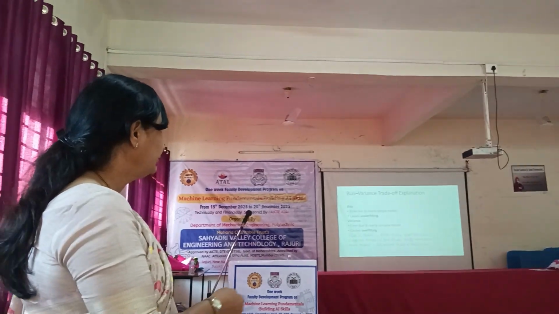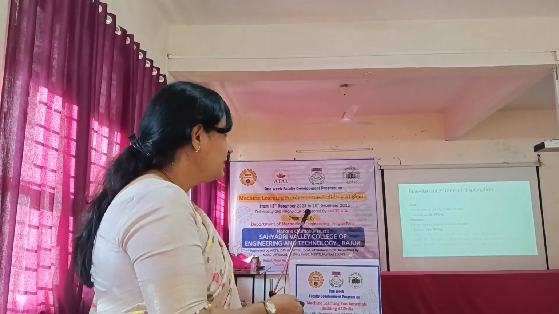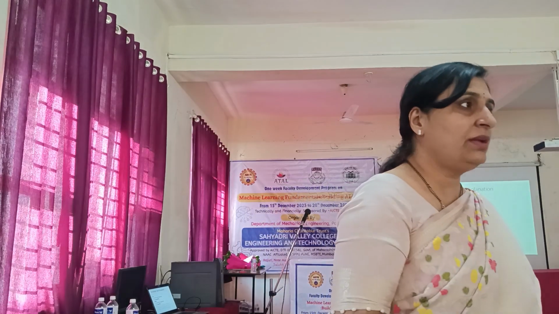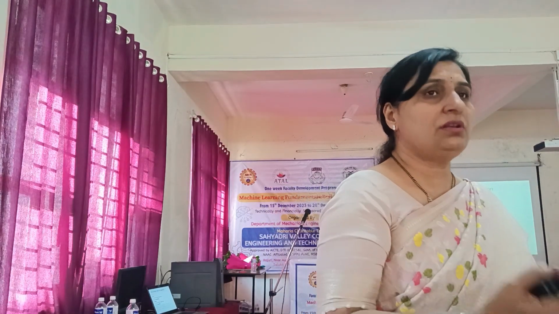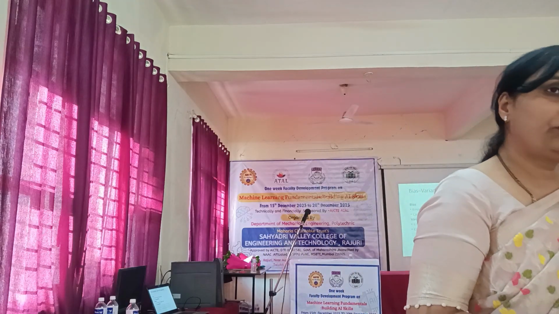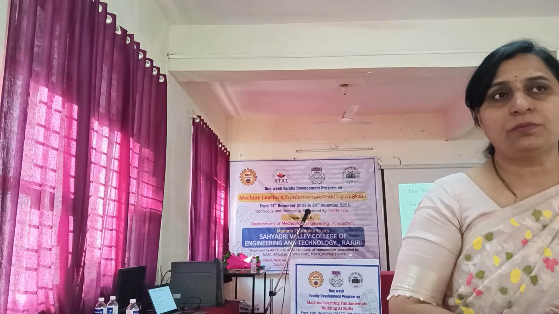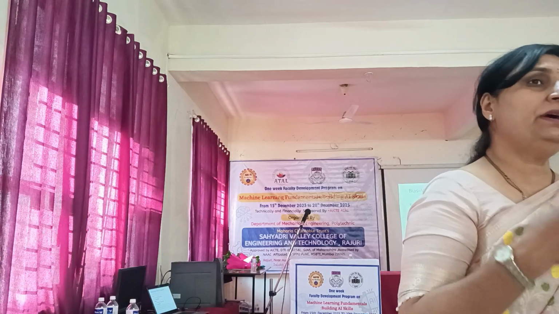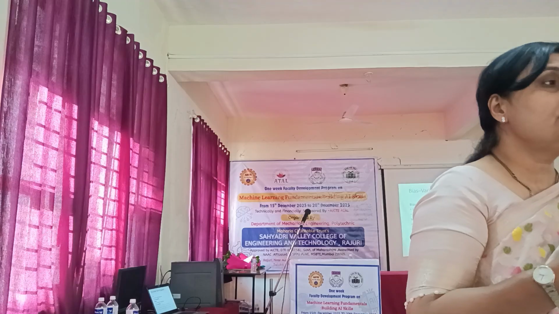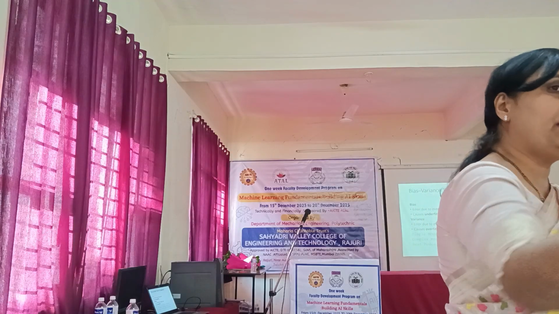Examples: the bias-variance trade-off. These are two very important things in machine learning algorithms. Whenever you solve a problem, always think of bias also. Bias means some error; assume that error will come and you have to consider it. Take a real-time example. My college is 20 minutes from my home.